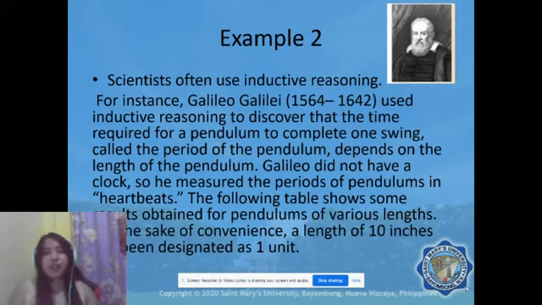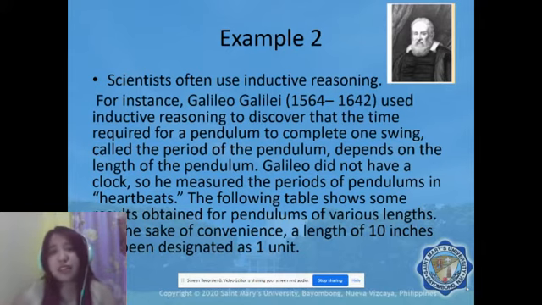Okay, let's consider another example. This is example number two. Scientists often use inductive reasoning. For instance, we have here the picture of Galileo Galilei. He used inductive reasoning to discover that the time required for a pendulum to complete one swing, called the period of the pendulum, depends on the length of the pendulum.